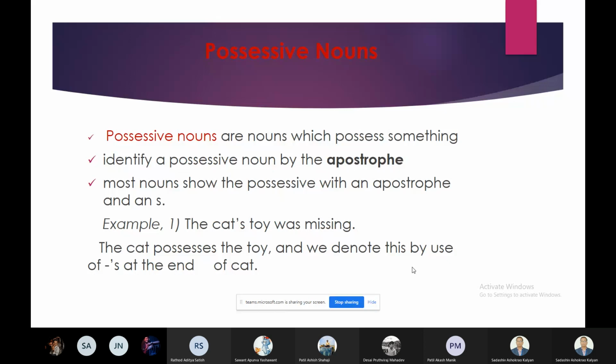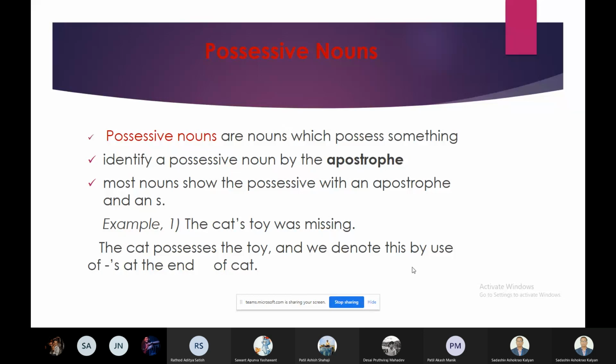The easiest way to understand the possessive noun is that we can identify it by the apostrophe. Most of the nouns that we use in English show possession with an apostrophe and an S.